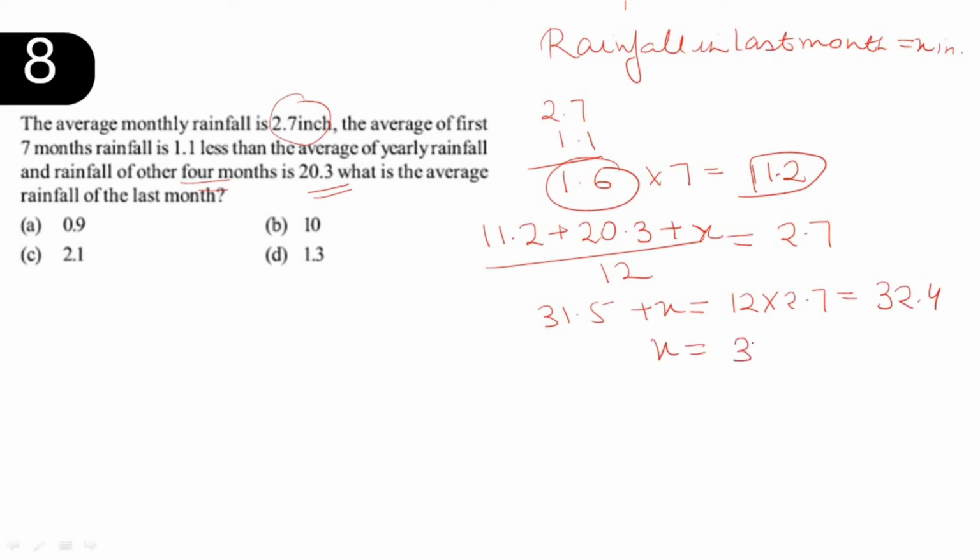So x is equal to 32.4 minus 31.5, which will come 0.9 inches. Okay, the answer is 0.9. What we have done? We have just taken the rainfall of last month as x, and just put in the value of average, that is total rainfall upon number of months, and the average rainfall was given 2.7.